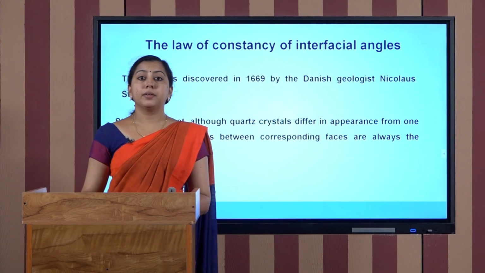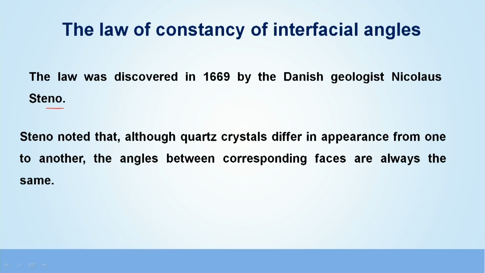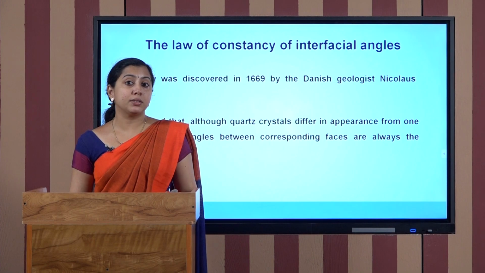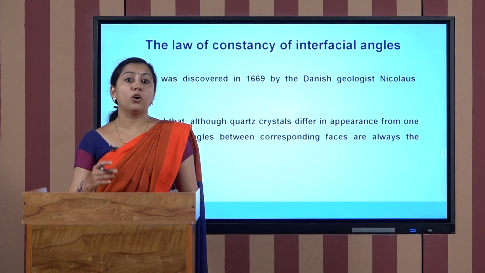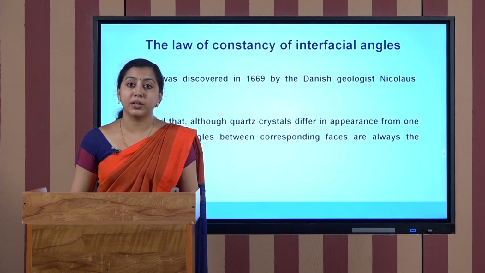He observed that although quartz crystals differ in appearance from one to another, the angles between the corresponding faces are always the same. And it was this observation that led him to state the law of constancy of interfacial angles.